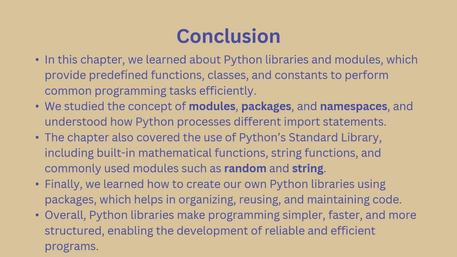This chapter also covered the use of the Python standard library, including built-in mathematical functions, string functions, and commonly used modules such as random and string. We saw the functions of those modules. Finally, we learned how to create our own Python libraries using packages, which helps in organizing, reusing, and maintaining code. Python libraries make programming simpler, faster, and more structured, enabling the development of reliable, efficient programs.